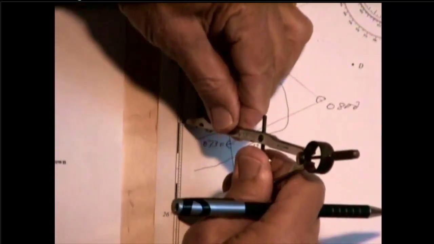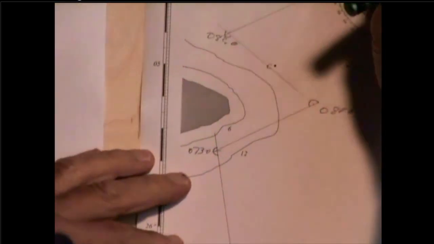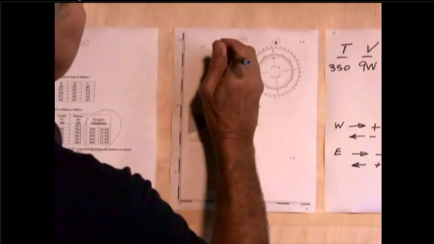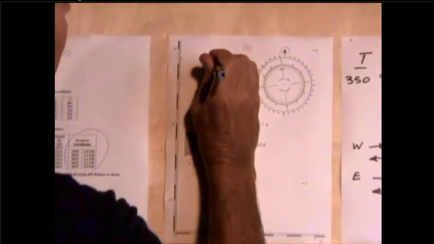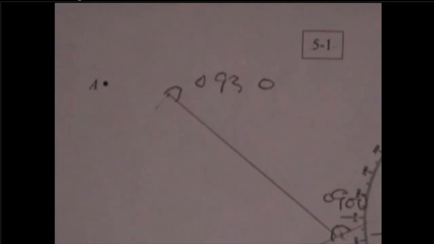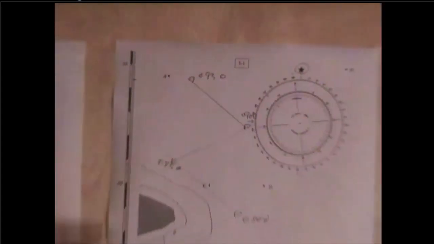Reset my dividers to 3.0. Half circle and a dot, and here's my point. This is my position at 0930. Okay, so we have plotted a dead reckoning plot from 0700 to 0930.